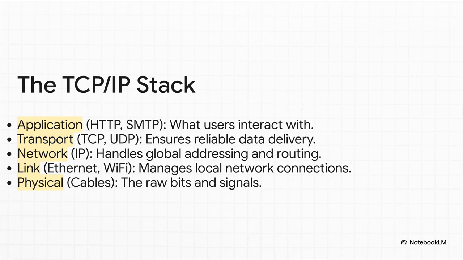The network layer uses the Internet Protocol, or IP, to manage addressing and routing across the globe. Above that, the transport layer makes sure data gets there reliably. And finally, at the top is the application layer where protocols we might actually recognize live, like HTTP for websites. Each layer builds on the one below it, which creates this unbelievably robust and adaptable system.